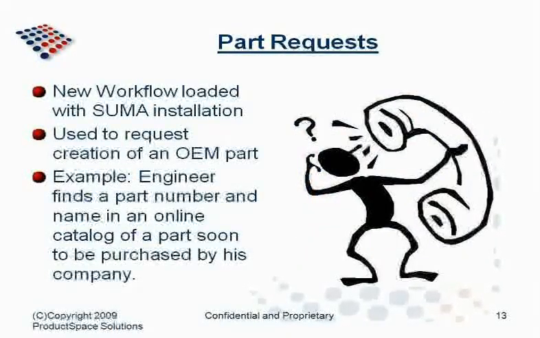Part requests are the newest element of the workflow that actually ties all this together. A part request is used to create a new OEM part when you want to incorporate another vendor or manufacturer's part into your system.